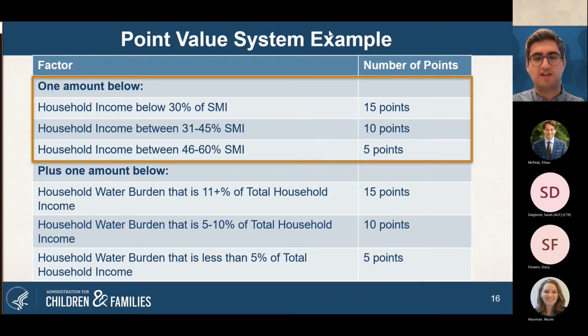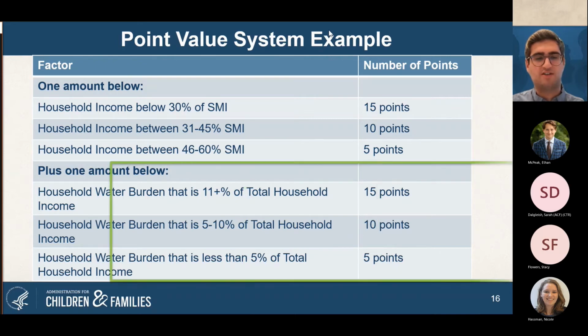Each threshold using the state median income, or SMI, is associated with a different point value, with the lowest income group receiving the most points. The second factor awards points based on the household water burden. Household water burden is calculated as a percentage of the total household income. Each threshold is associated with a different point value, with the households with the most burden receiving the most points.